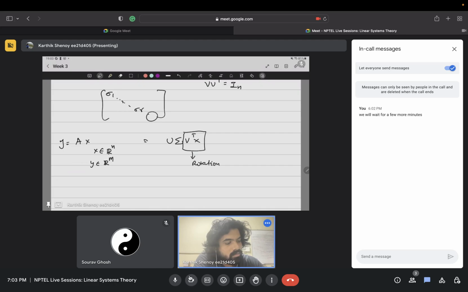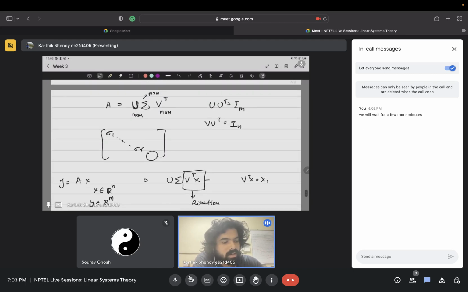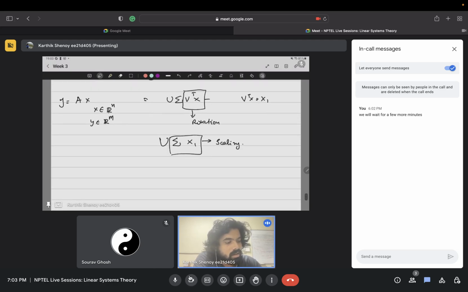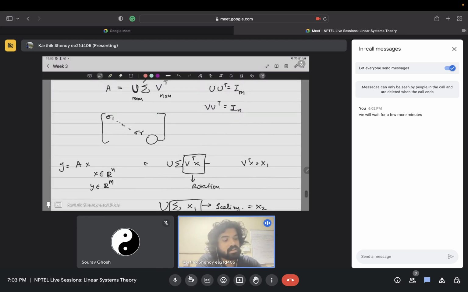Now I'll call V transpose x equal to x1. Then U sigma x1. What is sigma times x1? This is nothing but scaling, because it's just multiplying with scalars. I'll call it x2. Now I take the next one, U times x2. This is again a rotation, but the first rotation is in Rn and the second rotation is in Rm. That's the difference.